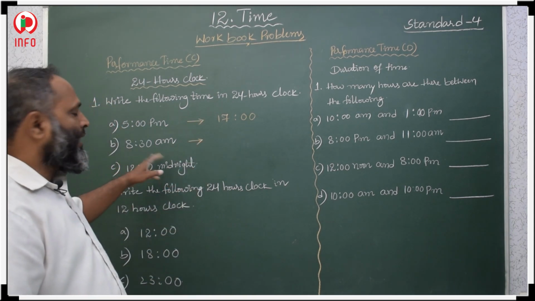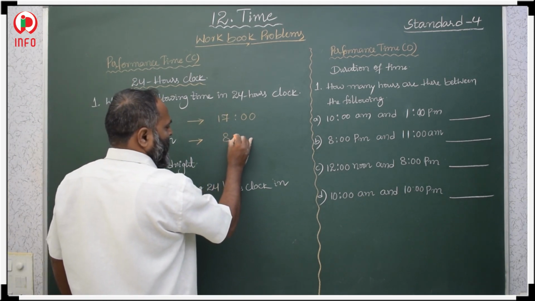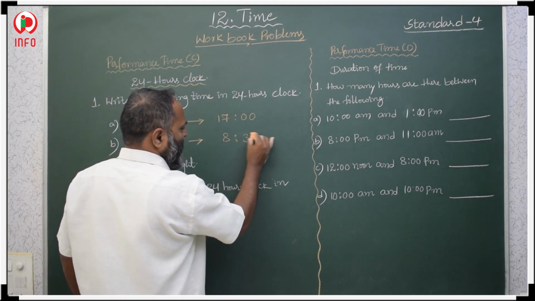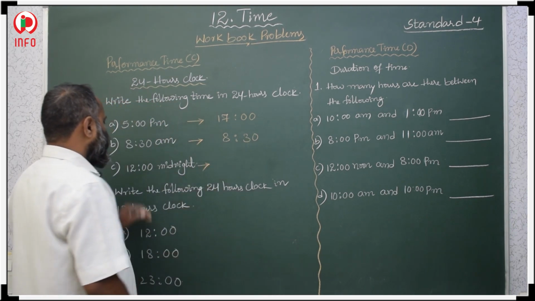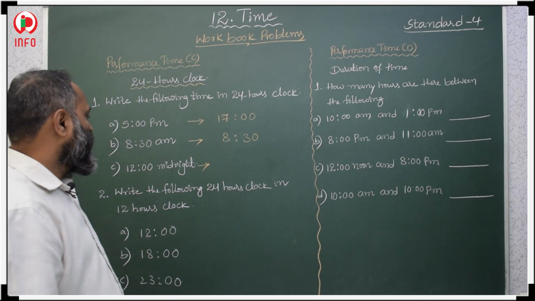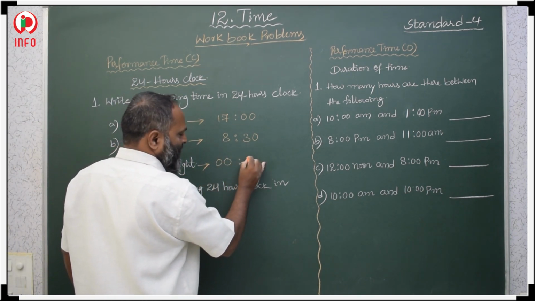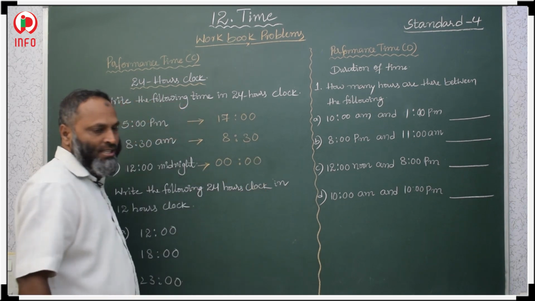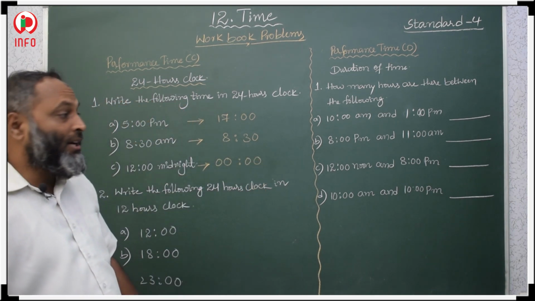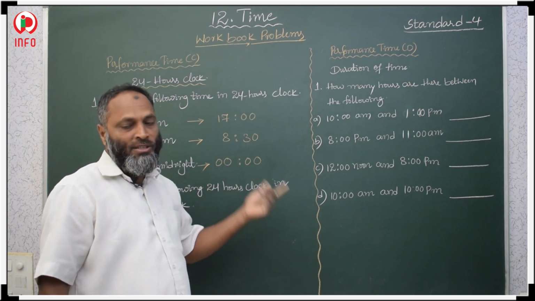Then 8:30 AM: if AM is given, no need to change, just take it as it is, 8:30 only. Then 12 midnight, that is 00:00. In 24 hours, in the midnight we will get 00:00.